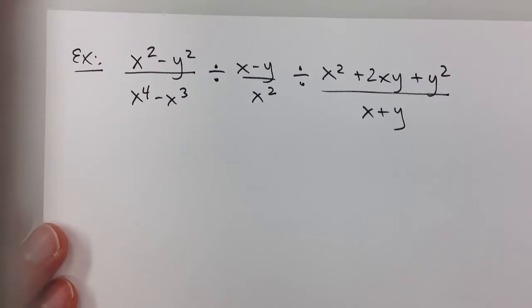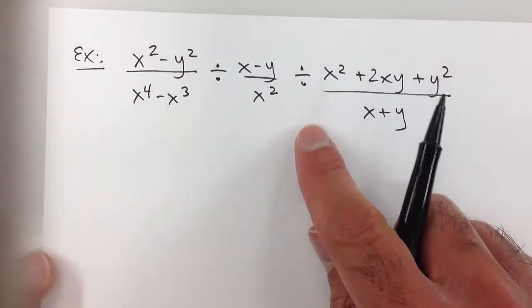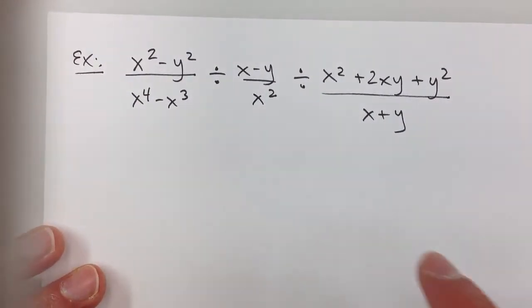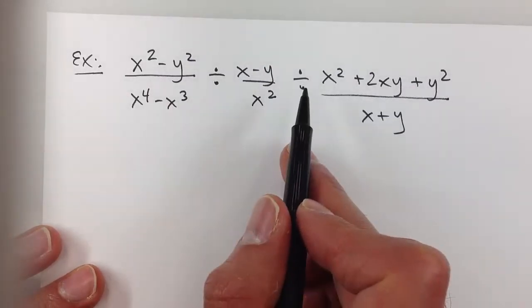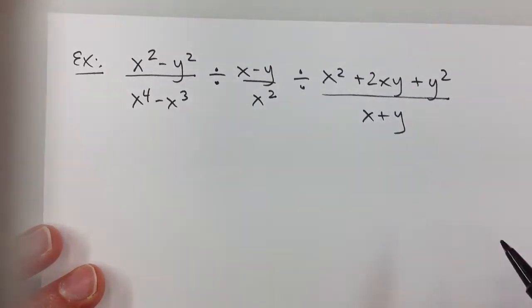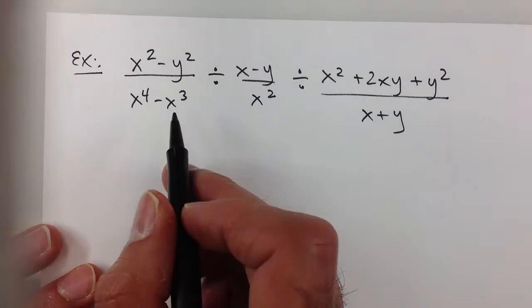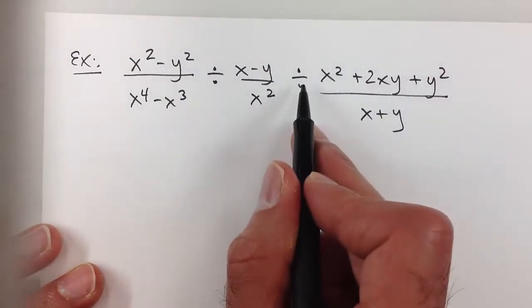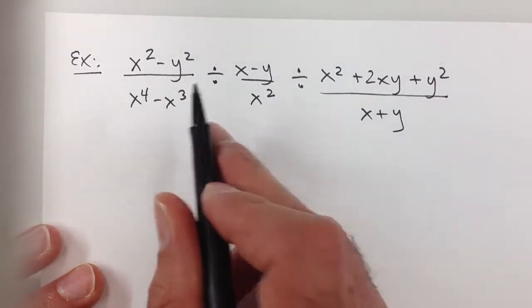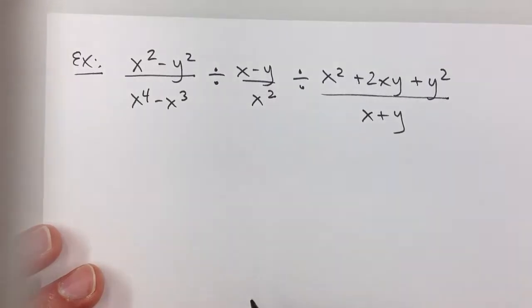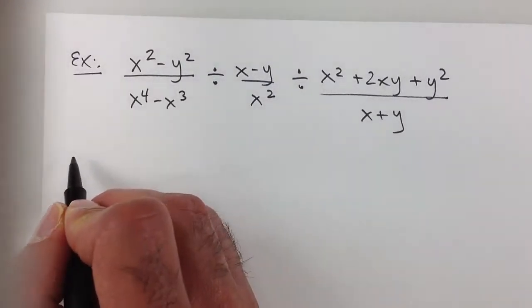Now you'll notice this is looking a little bit crazy with these two division signs here. We can still handle this using order of operations, which would say left to right with multiplication and division alike. So I'm going to start converting these divisions into multiplication before I even mess with the factoring, since we have two of them, and this could get ugly if we don't keep things organized.